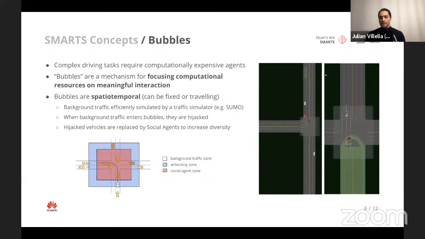Once the vehicle exits, control is handed back over to the background traffic provider. This primitive allows us to scale up compute and focus the computation where it really matters. These bubbles can be fixed and also pinned to vehicles in a traveling way to support different types of scenarios.